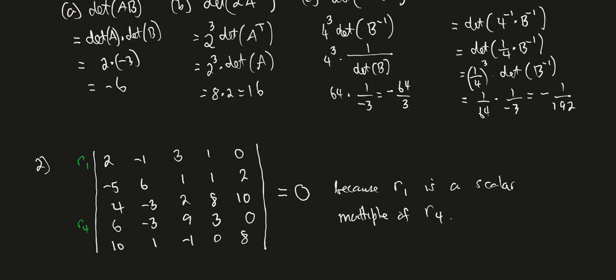So no cofactors needed, not even the row operations needed, but it's just an astute eye to see, hey, look, if I take 3 times row 1, I'll get row 4. And we established a property that says if one row is a scalar multiple of another row, then the determinant has to be equal to 0, right? Easy solution, but takes a sharp eye.